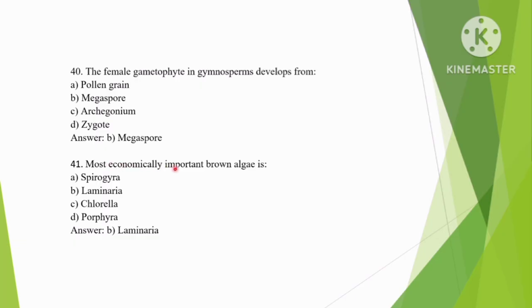Most economically important brown algae? Right answer is option B, Laminaria. It is used in production of iodine and also as food in Asia, and it is rich in alginates used in pharmaceuticals and the food industry.